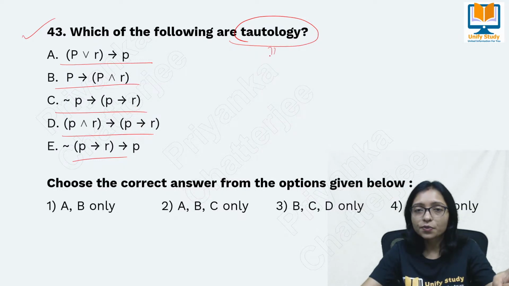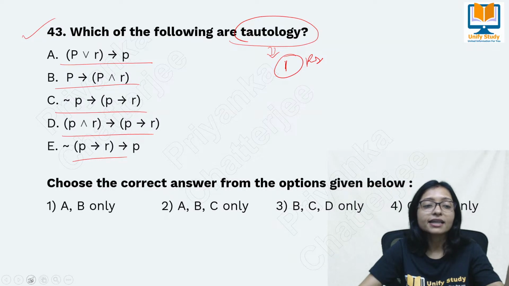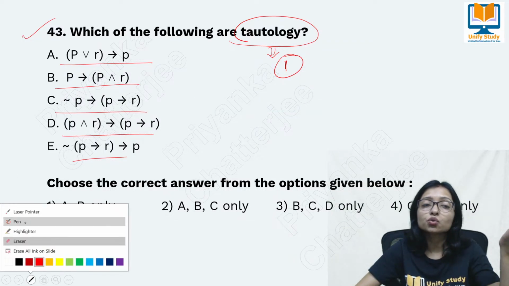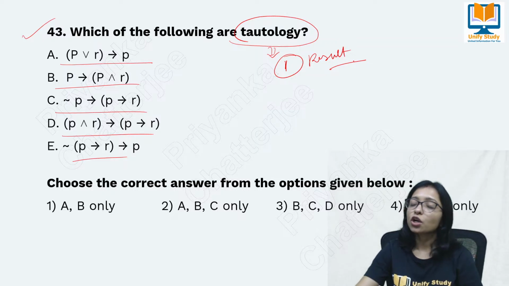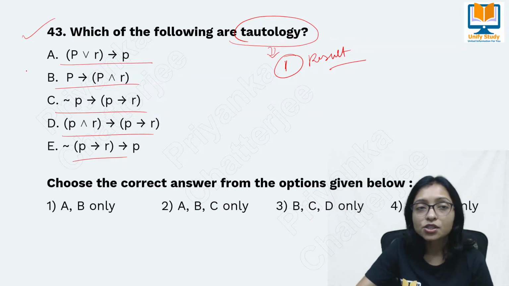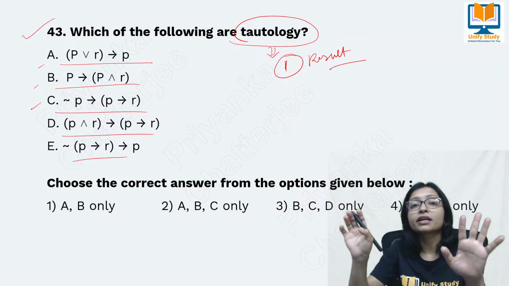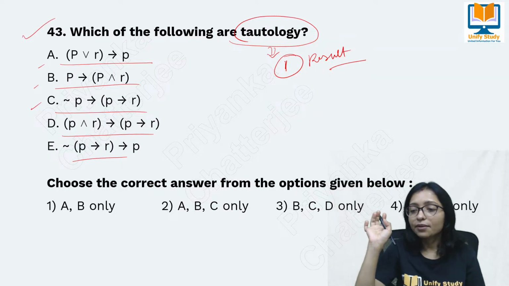After solving the expression, if you are getting result 1, then that is called tautology. Tautology means all true. If I am getting result 1, that means all true. That is called tautology. So just solve the expression and check where I am getting 1. Those are called tautology. Tell me the answer.